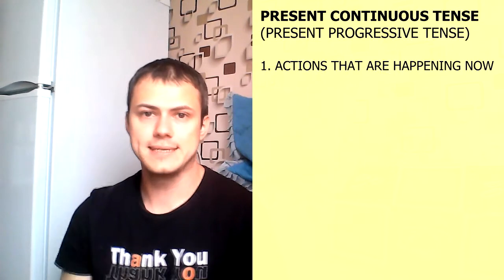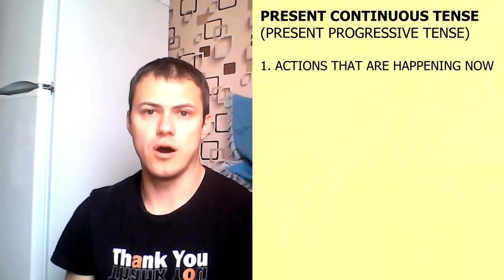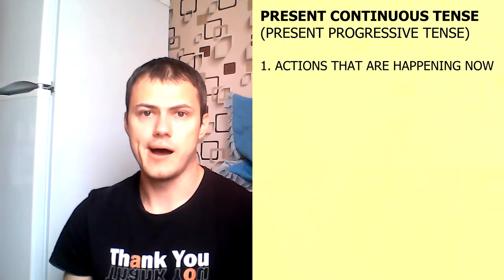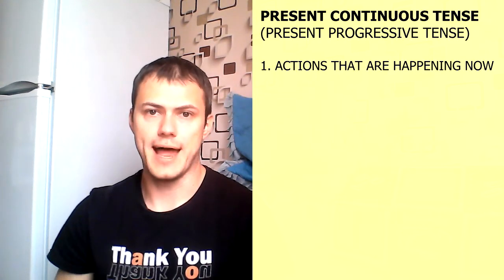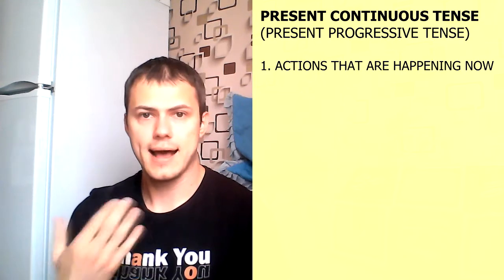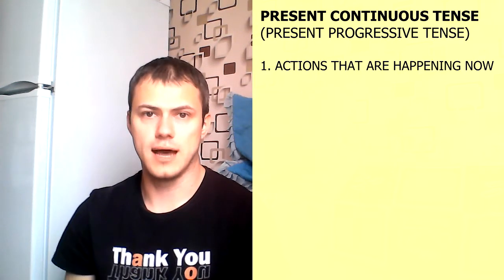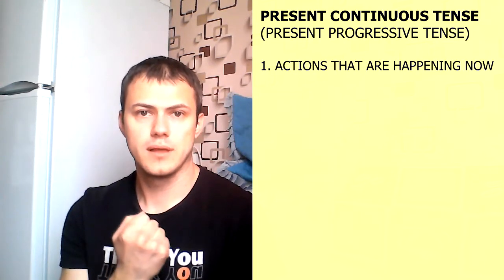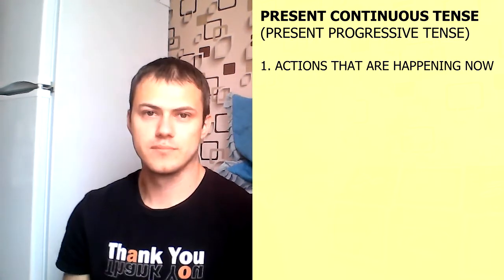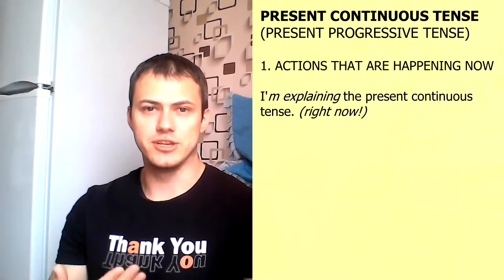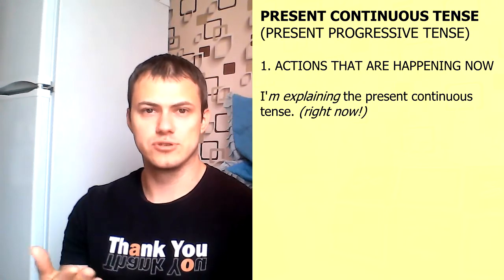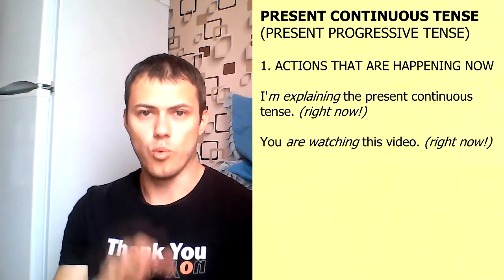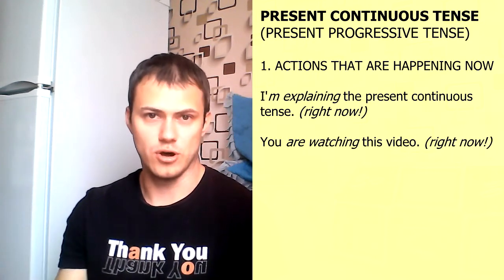So, the basic and most common usage of the English present continuous tense is physical actions that are happening right now. So let's take a look at the examples. I'm explaining the present continuous tense. You are watching this video.